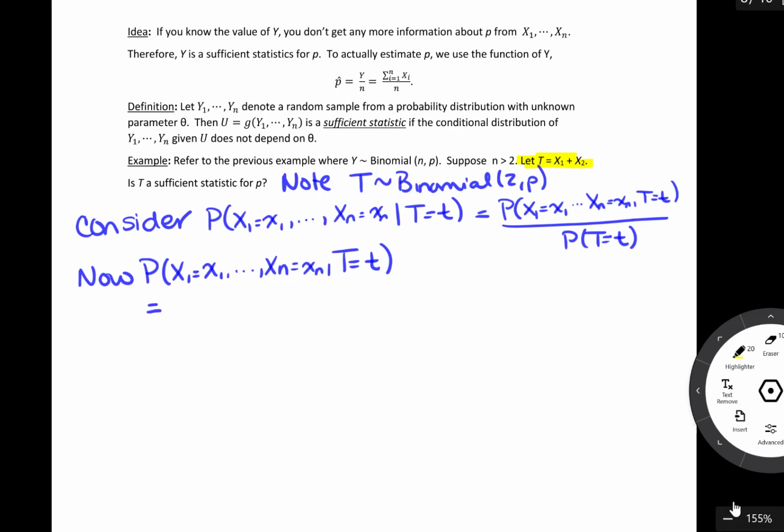Notice if I know what the first two are, then I know the sum of the first two, so this just becomes the following. And then we can apply independence.